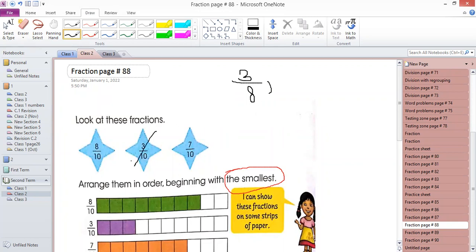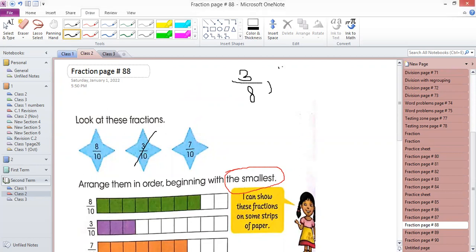Among 7/10 and 8/10, which is the smaller one? I'm going to ask one of the students, Anas Ahmad Kabil. Which is the smaller one? 7/10 or 8/10? 7/10.